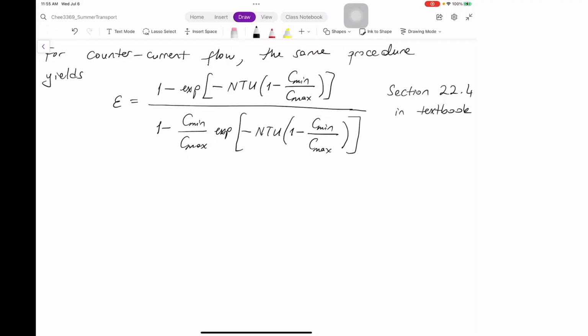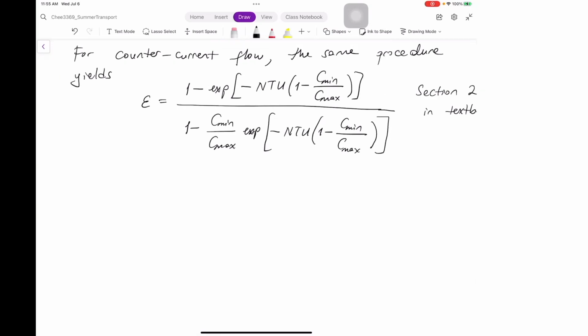Now we have two equations, right? So if you know the epsilon, that means a linear equation for the 4 temperatures, right? And if you know the 2 fluid temperatures, then actually you can calculate using the epsilon and the energy balance.